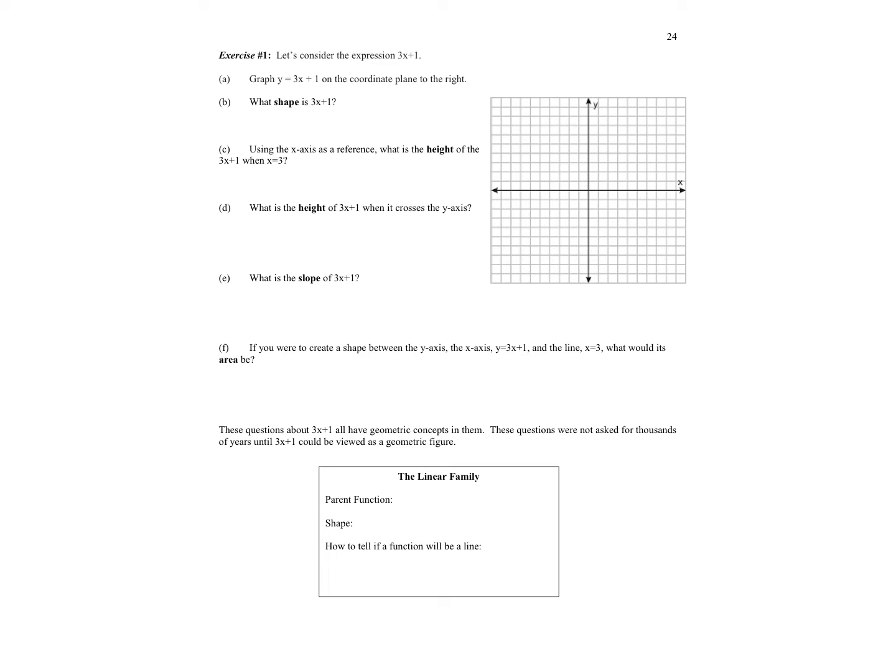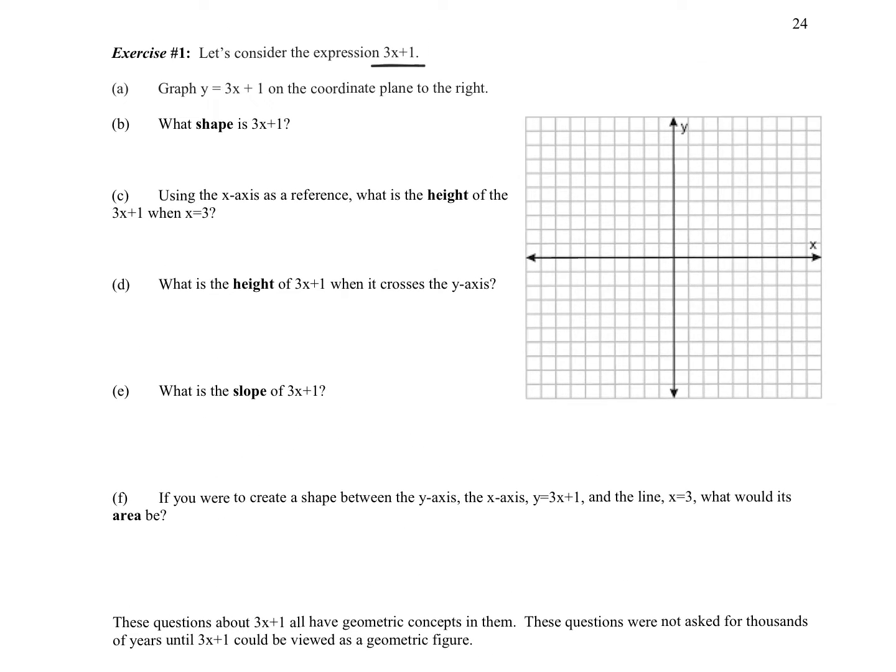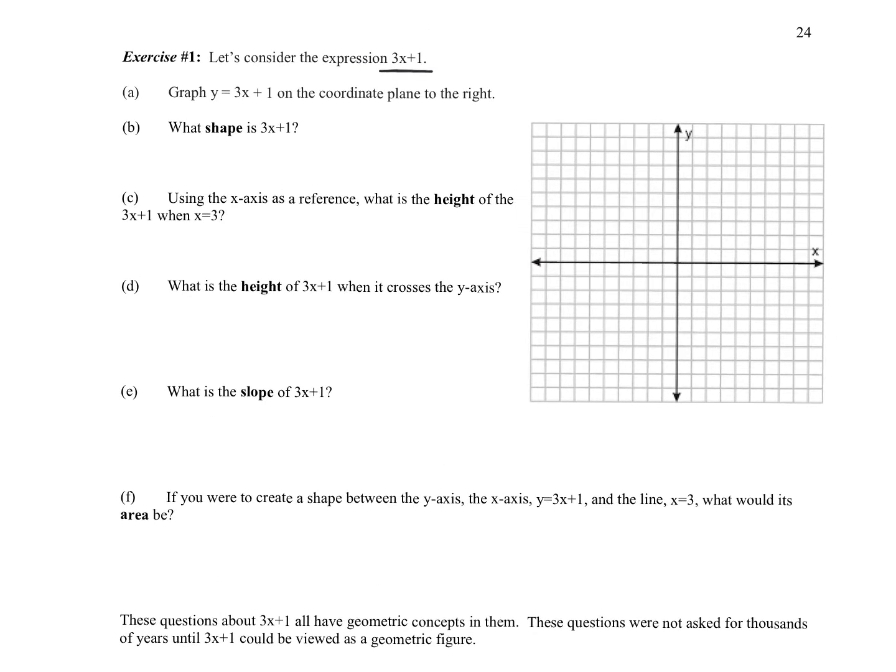So the first algebraic expression we're going to consider is 3x plus 1. So 3x plus 1, 3 times the number plus 1, we can think of outside of anything that's a shape, but with the coordinate plane, we can also graph it. So we can graph all the outputs or the y's of 3x plus 1. So if we graph this, what shape would it make? And the answer is a line. And really what we would just start to do is plug in numbers.